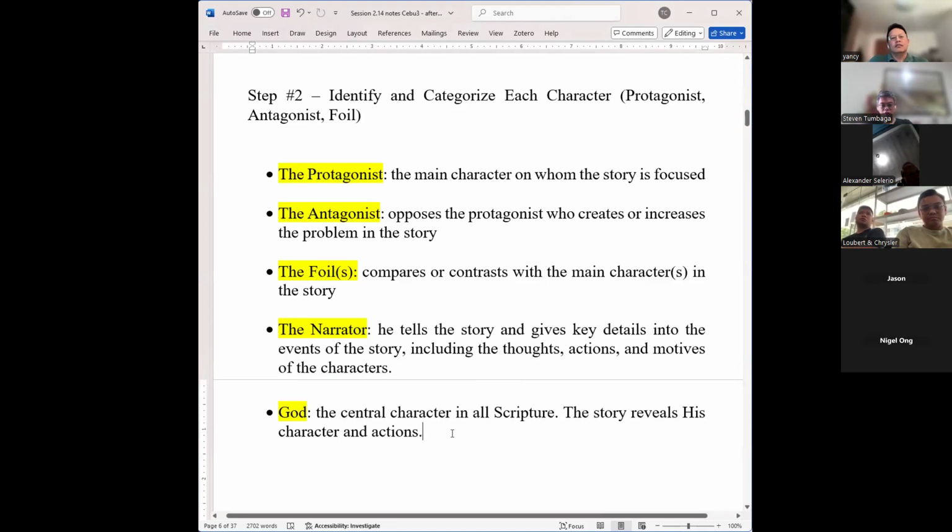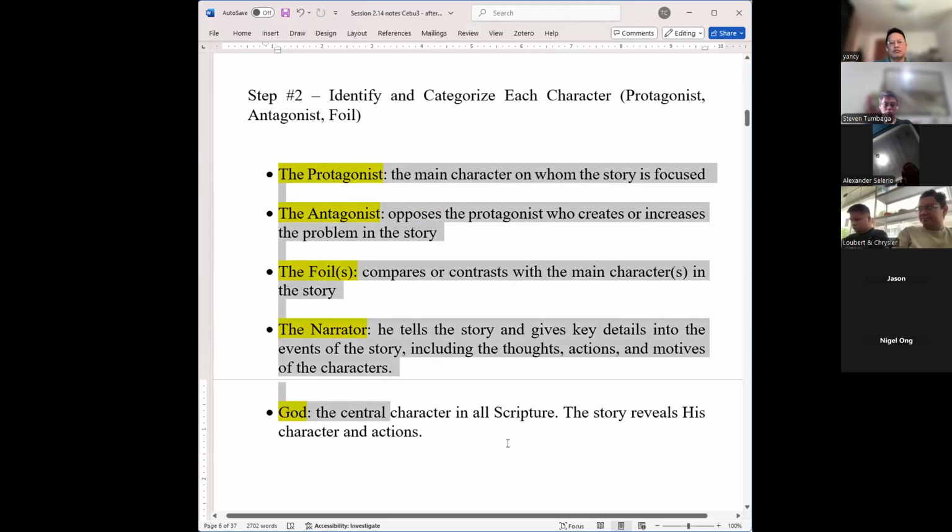So you want to make sure you identify God's role in the story and what it reveals about his character. So in the character analysis, these are the five characters you're going to want to note and then describe the key statements or actions of each of them.